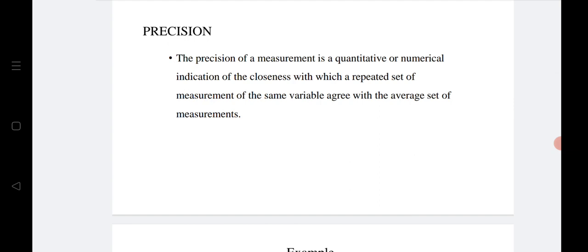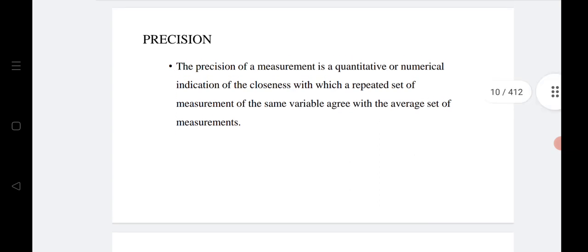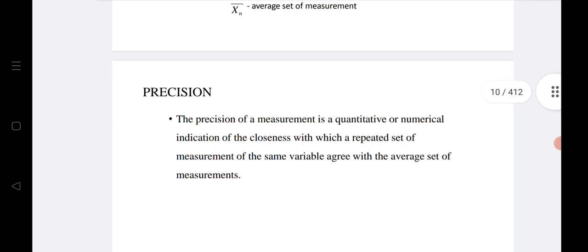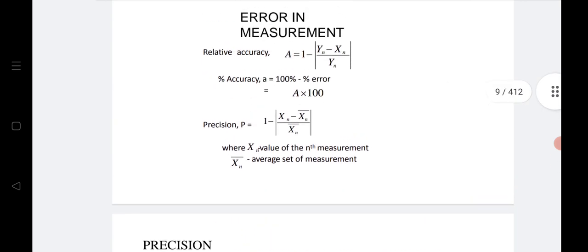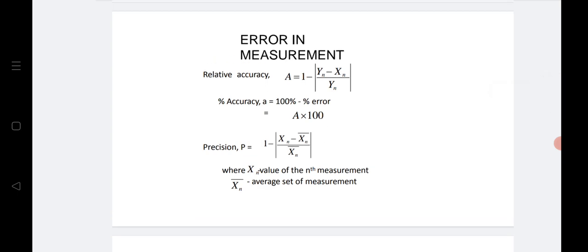When we measure it repeatedly, the value should be the same. Whether the same variable agrees, or you get different measurements, you get that from the precision calculation.